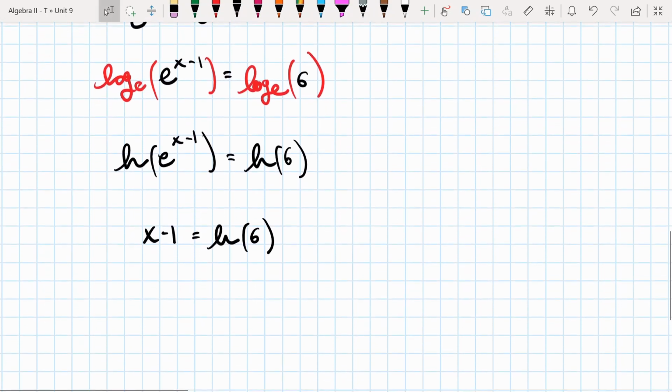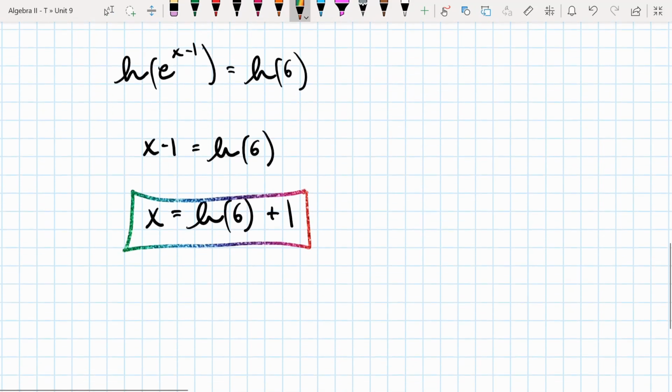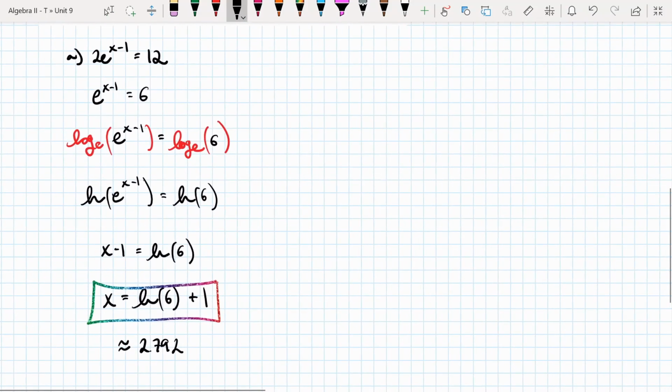And we're left with x minus 1 on the left-hand side. So the solution to this equation is the natural log of 6 plus 1. To get an actual numerical value, you'd have to plug this in your calculator, and this is approximately equal to 2.792.